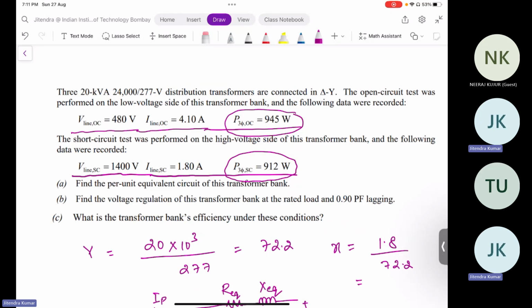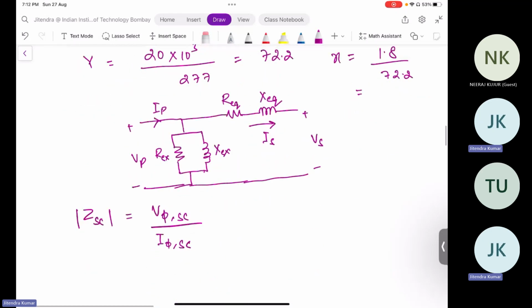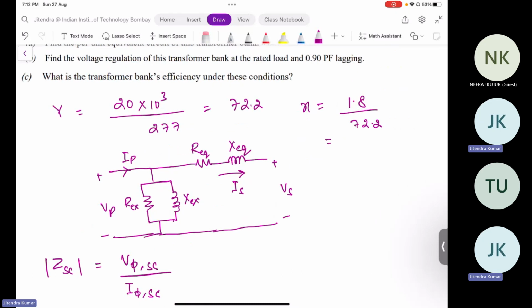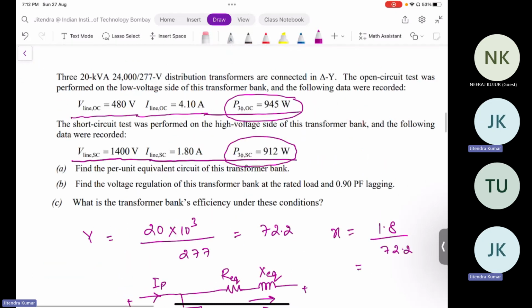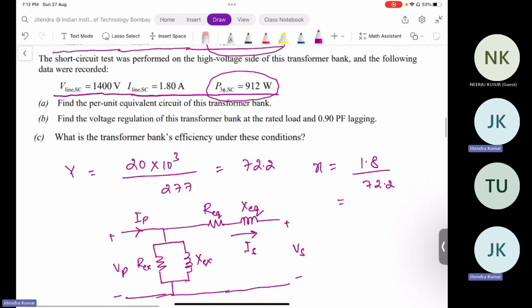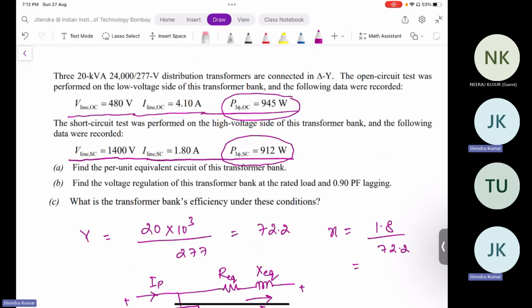The high voltage side is the delta side. When it is performed on the high voltage side, we are referring all the parameters from the high voltage side, so we have to consider the phase value of the high voltage side. The short circuit test data is given as 1400 volt.